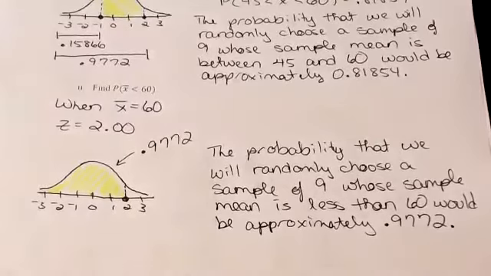So basically we're saying that's really, really, really likely. There's about a 98% chance that that particular sample will have a mean that's less than 60.